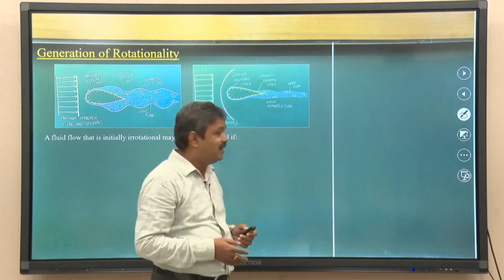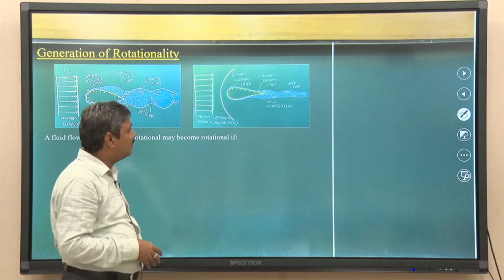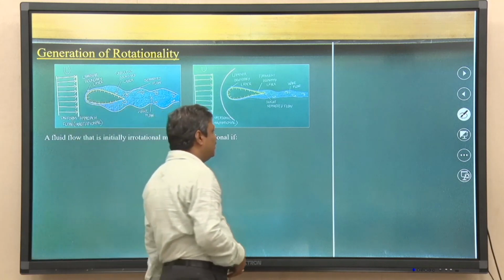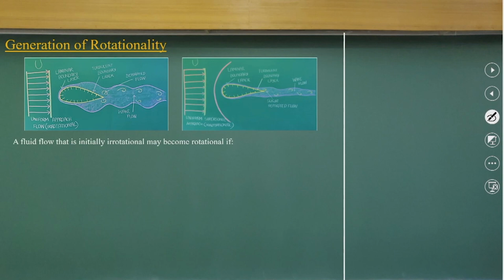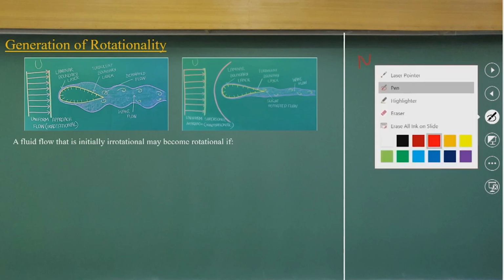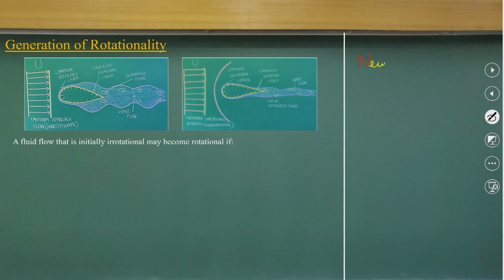Now, there is a very interesting part, which I can relate to very basic equations that you know: Newton's first law of motion.